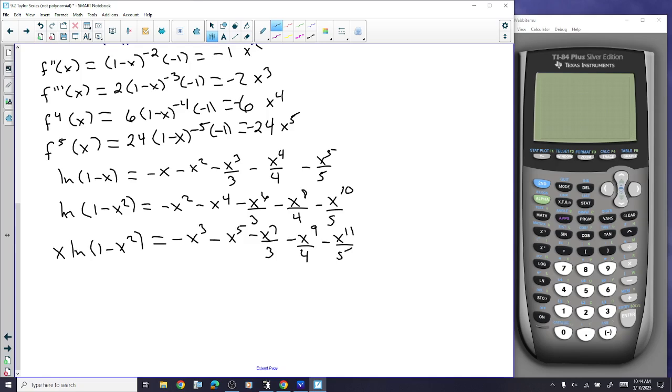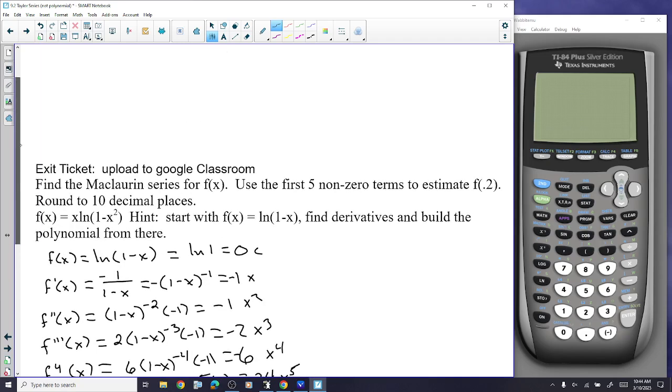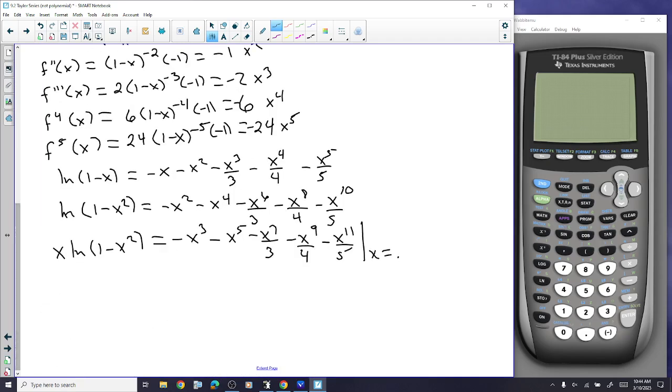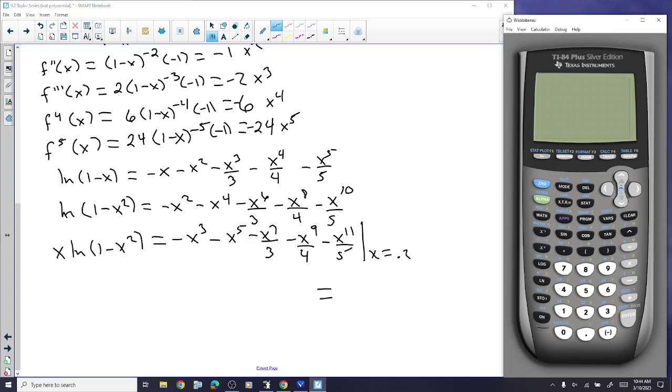All right, now if we're going to approximate 0.2, so we're going to evaluate this when x equals 0.2. All right, tedious, right? Negative 0.2 to the third minus 0.2 to the fifth. Oh, it's all minus.